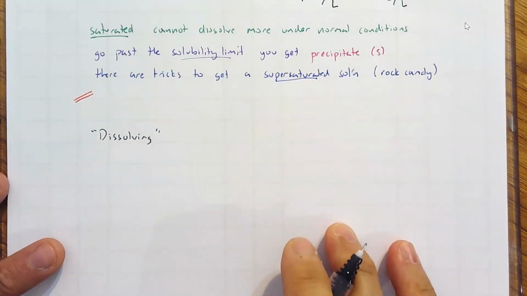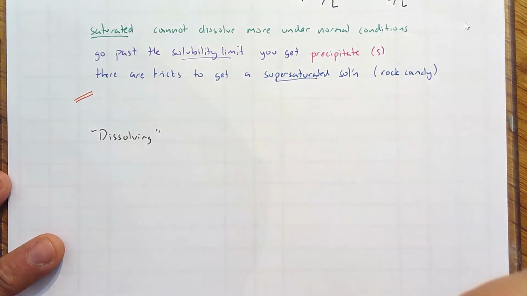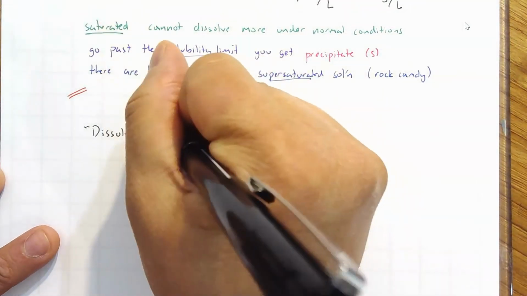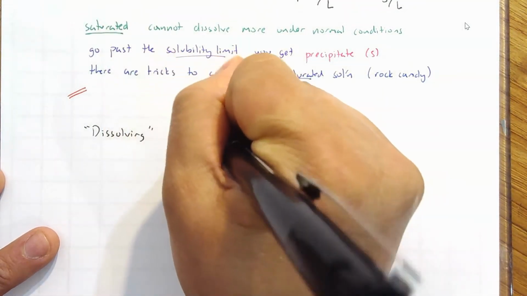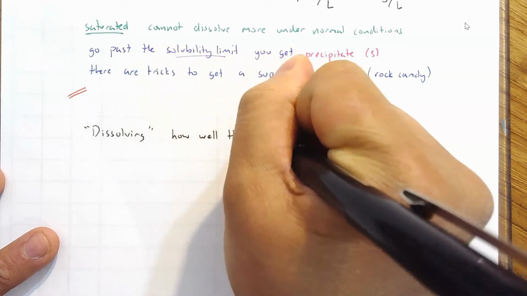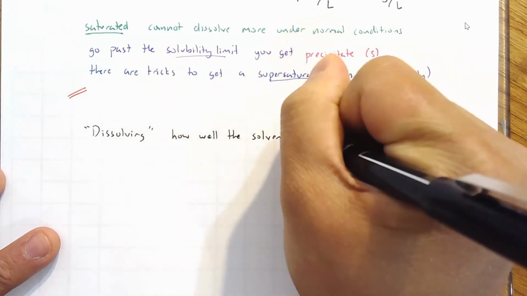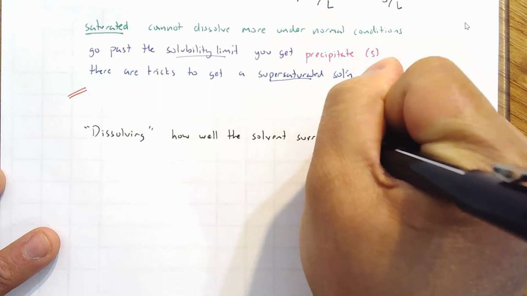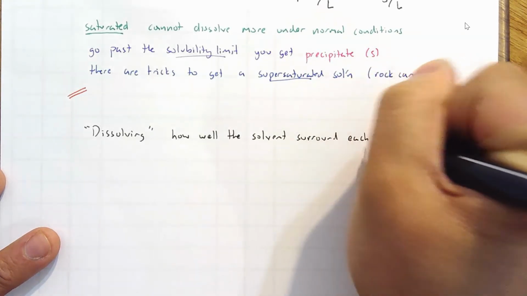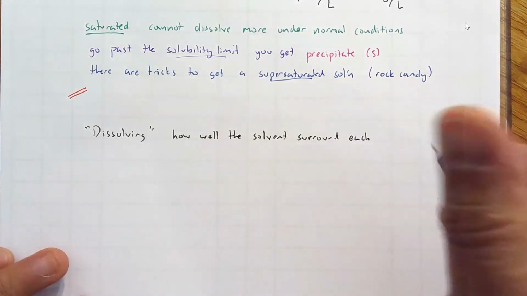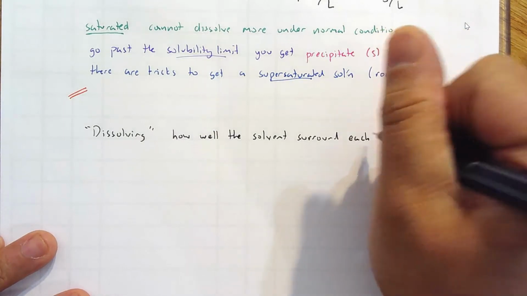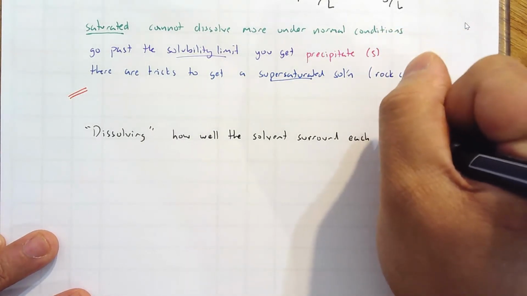Another way to say dissolving is how well the solvent molecules surround each molecule or ion of solute. So we'll just say each solute particle.